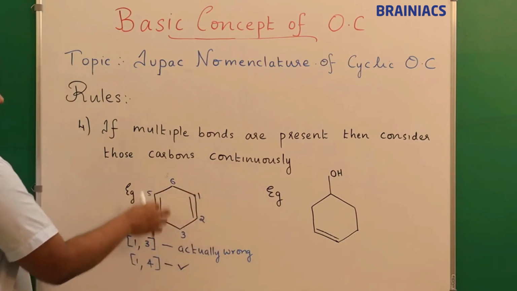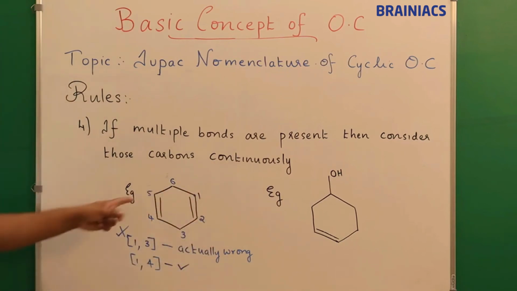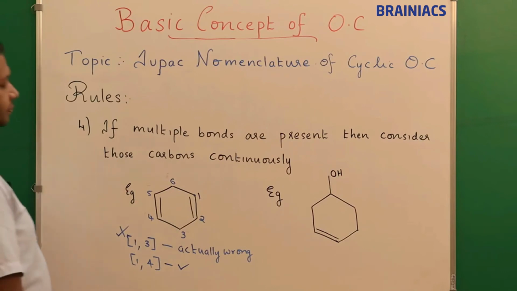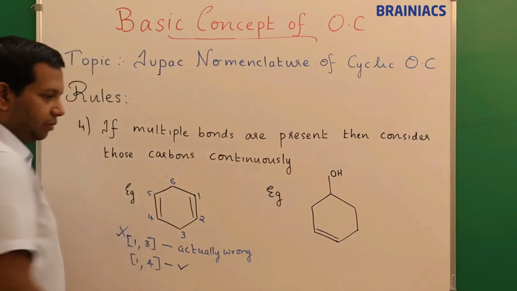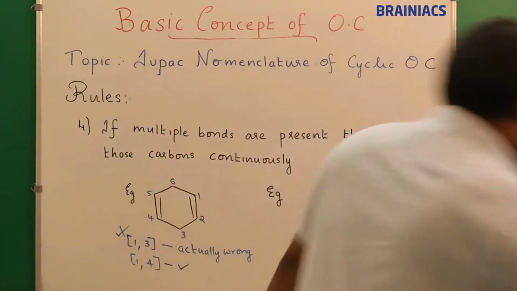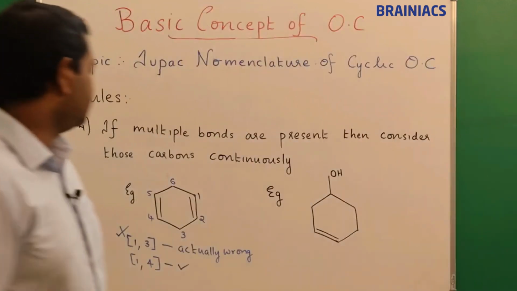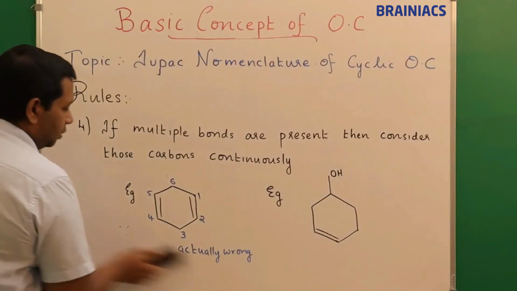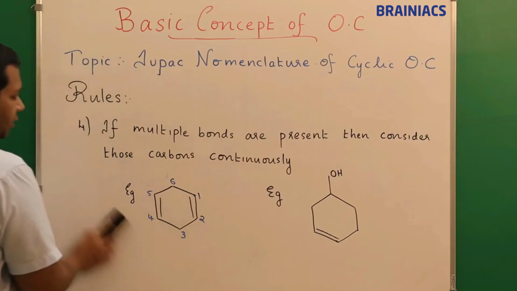So 1, and among this the lowest one is 4. So what is the name I can give here? Tell me. Okay, what is the name we can give here?